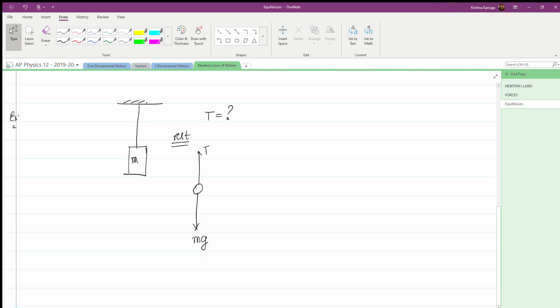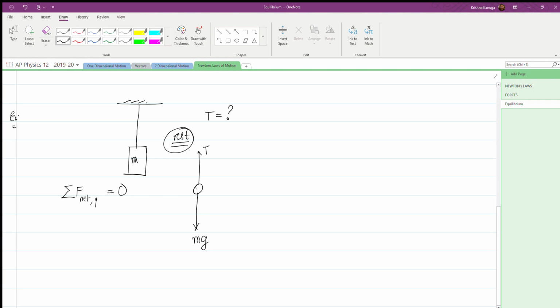Since the object is at rest, we can go ahead and set up our equation. We do not have to worry about an acceleration, and so our equation is very simple. Since we only have forces acting along the vertical direction, the net force along the y direction is equal to 0.